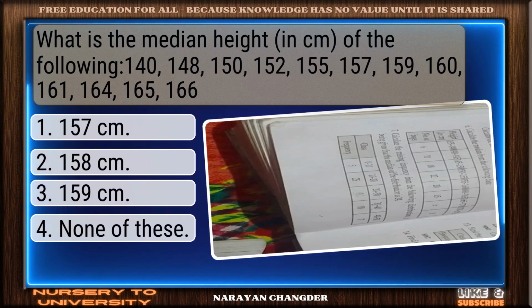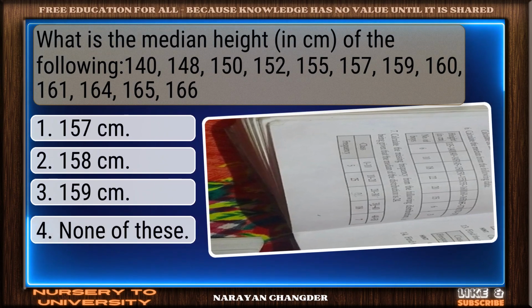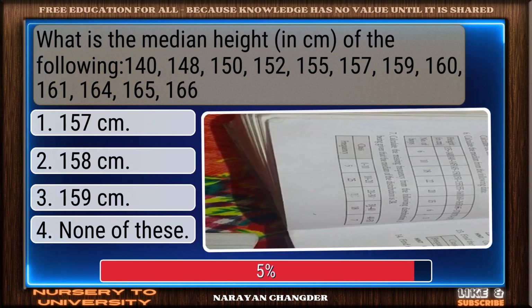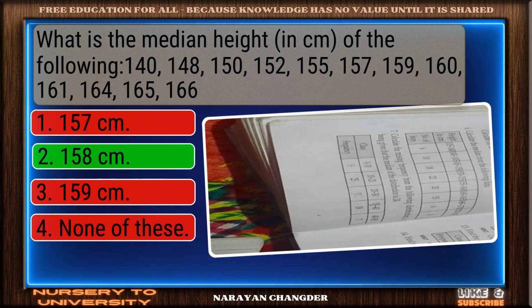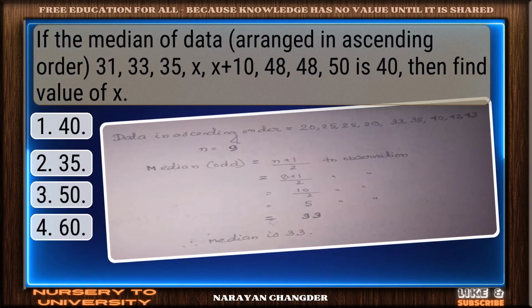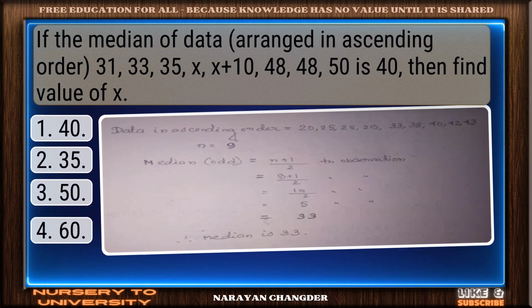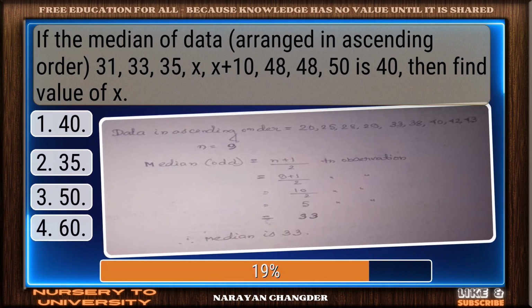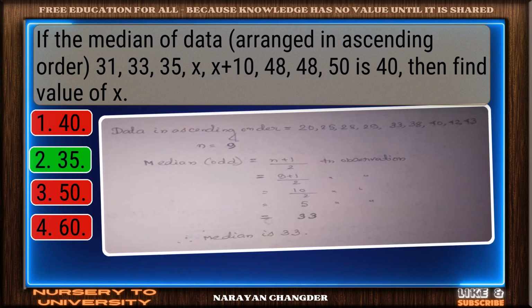What is the median height? 140, 148, 150, 155, 157, 155, 161, 164, 166. 150 cm is the answer. If the median of data 31, 33, 35, x, x+10, 48, 48, 50 is 40, then find the value of x. Exactly. 35 makes sense.